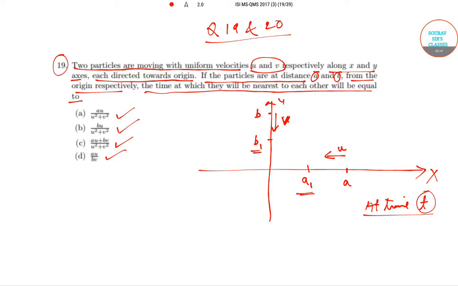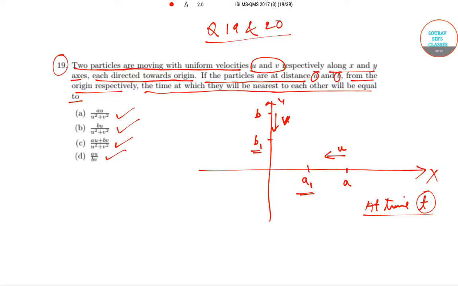So we have to find out the time at which the distance between the particles at a1 and b1 is the minimum.